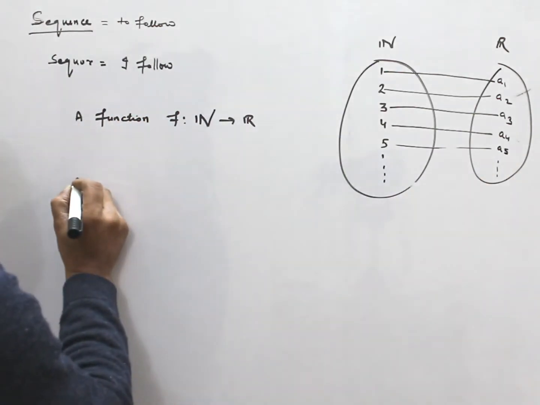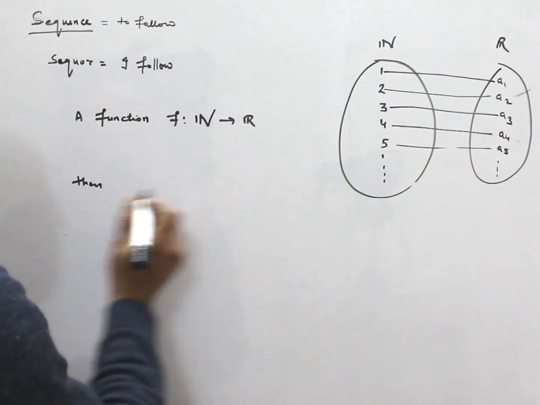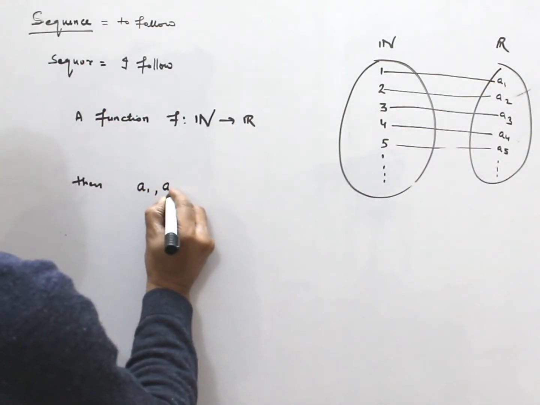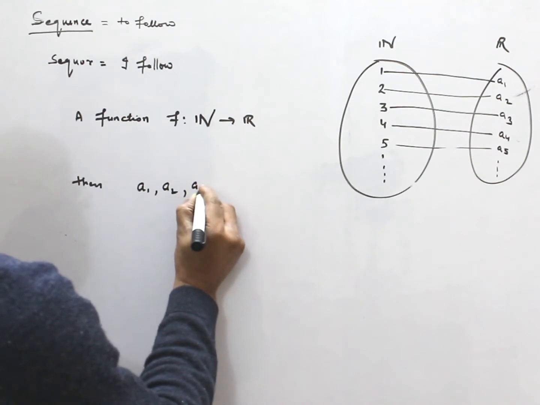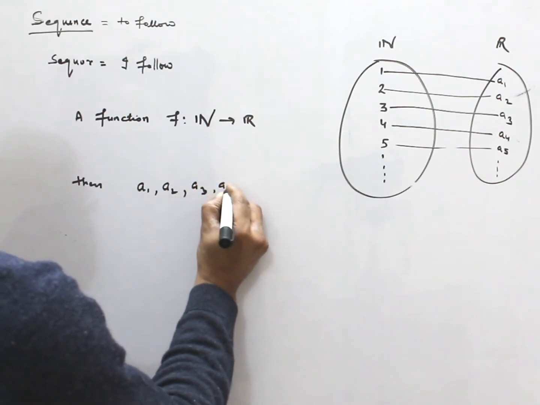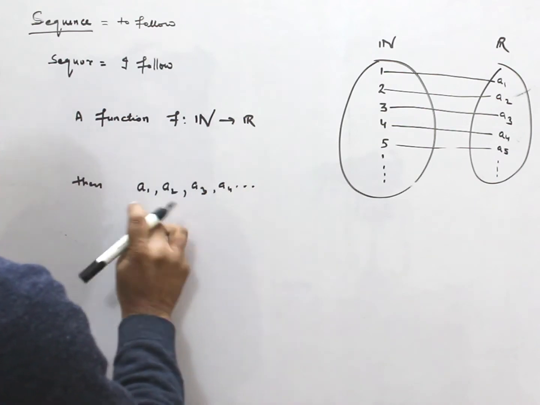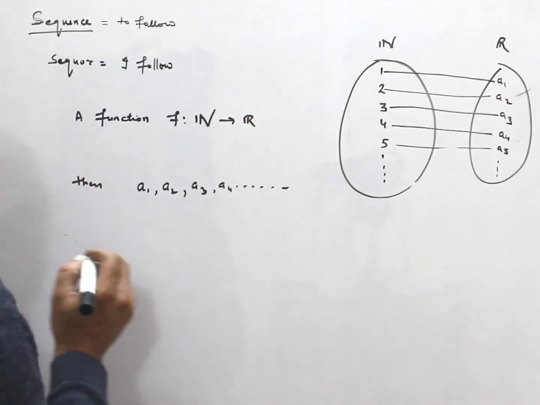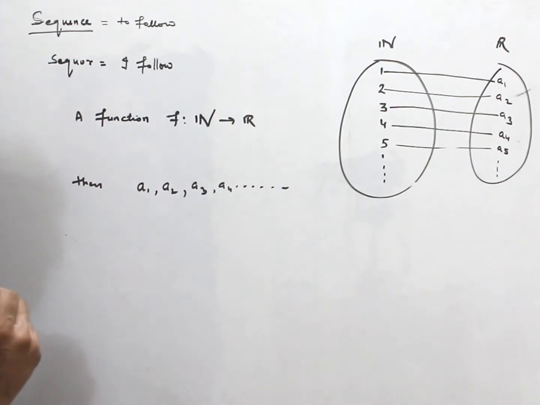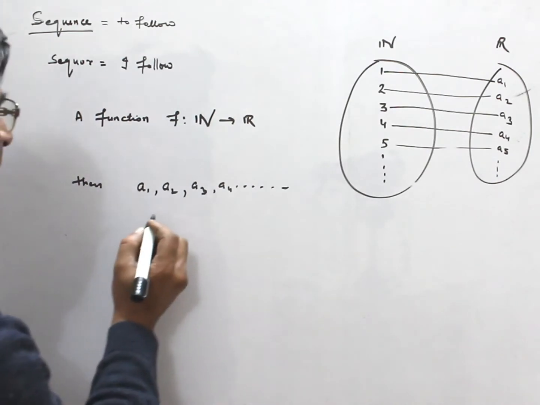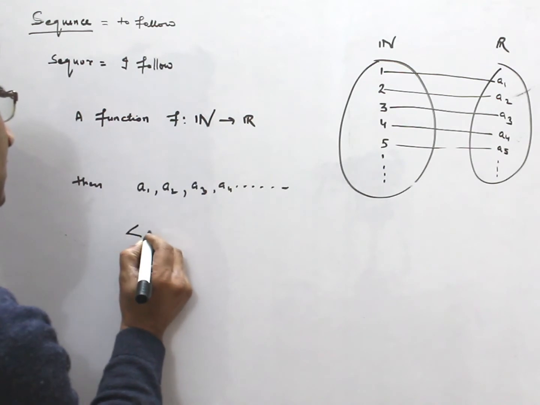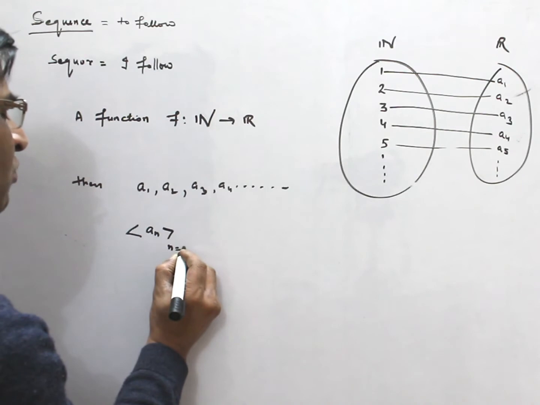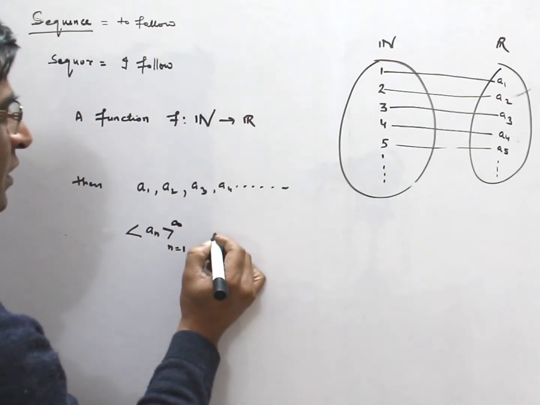Then a1, a2, a3, a4, this we call a sequence, and the notation for the sequence is this, where n varies from 1 to infinity.